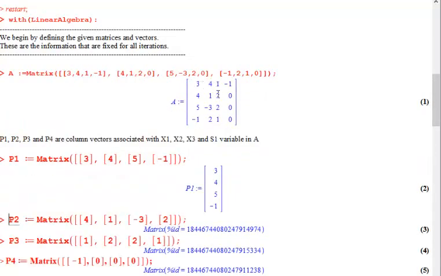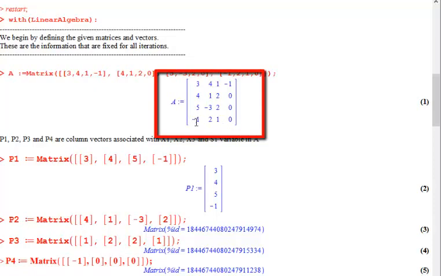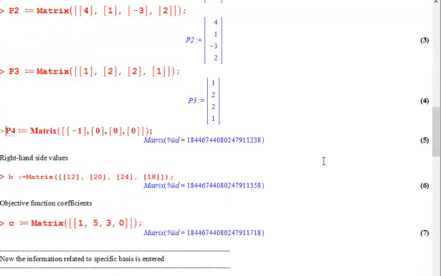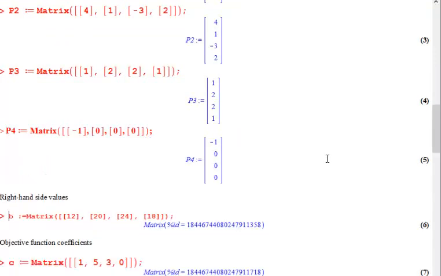These are the coefficients of x1, x2, and x3. However, I have added the coefficient of S1 to A also. We will be introducing P1, P2, P3, and P4. This is the coefficient of S1 again.